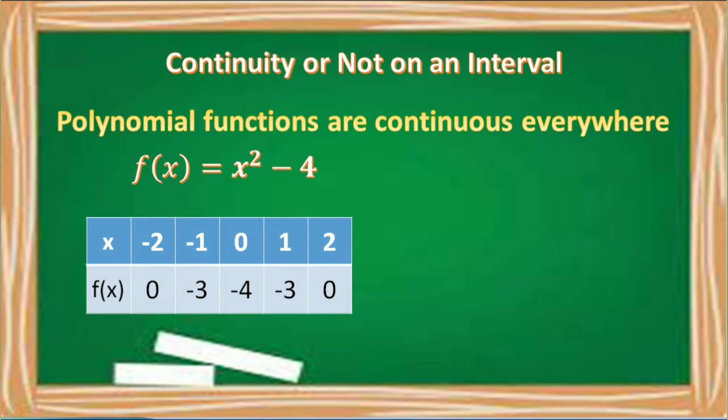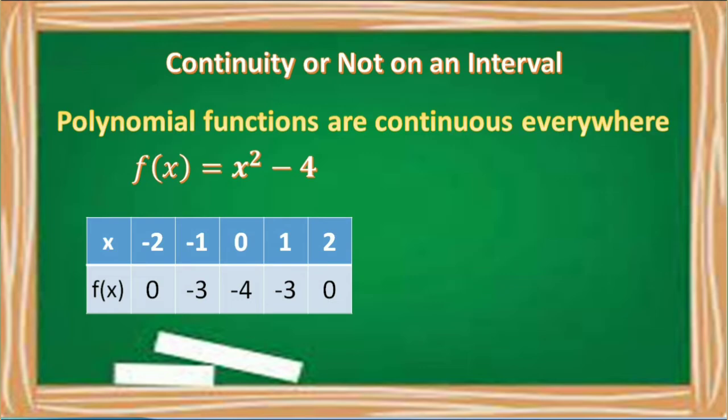If x is 0, then f of x equals -4, because 0 squared is 0. 0 minus 4 equals -4. If x is 1, then f of x equals -3, because 1 squared is 1. 1 minus 4 equals -3.